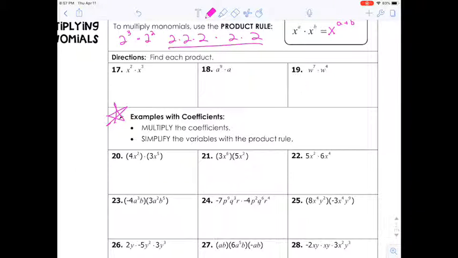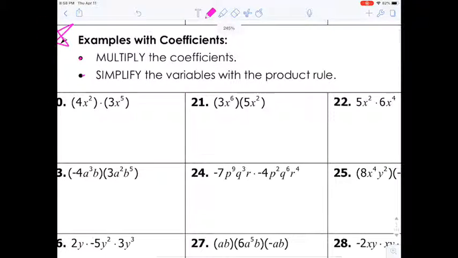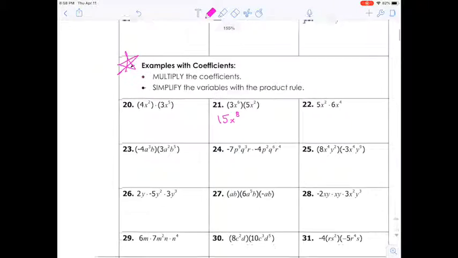So examples with coefficients. Coefficients are just numbers that are in front of variables. Multiply the coefficients. Simplify the variables with the product rule. In other words, you multiply the numbers, then you multiply the letters. So for 21, I would multiply the numbers, then I would multiply the letters. That's really all there is to it, okay?